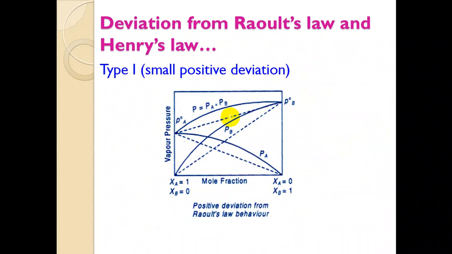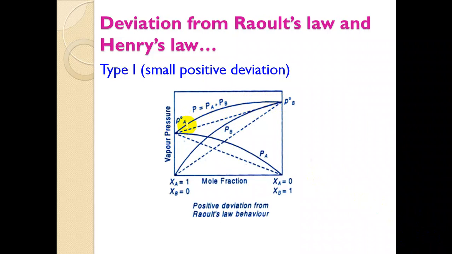The dotted lines represent the ideal solution graph, but for a real solution you will get this solid line. The dotted line is for the ideal solution, but for a real solution you may get a curve which lies above the dotted line.